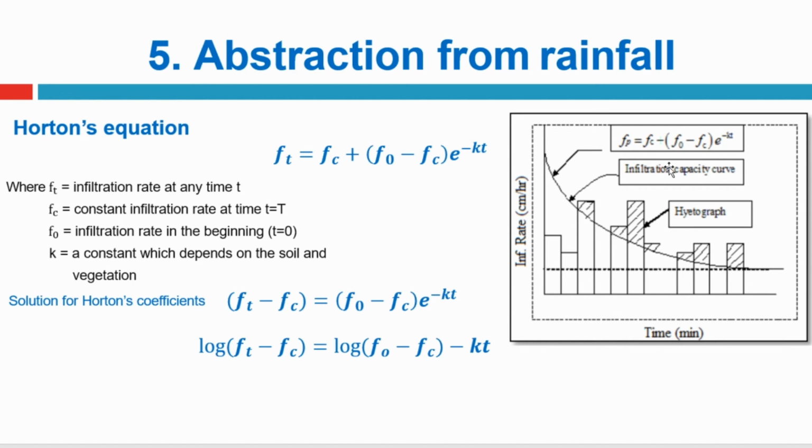Now let us understand this infiltration curve in a more practical way, in a natural condition, how the infiltration takes place. Assume that before the storm period, like every storm or every rainfall has some duration, right? 5-hour duration, 6-hour duration, 8-hour duration, like this.